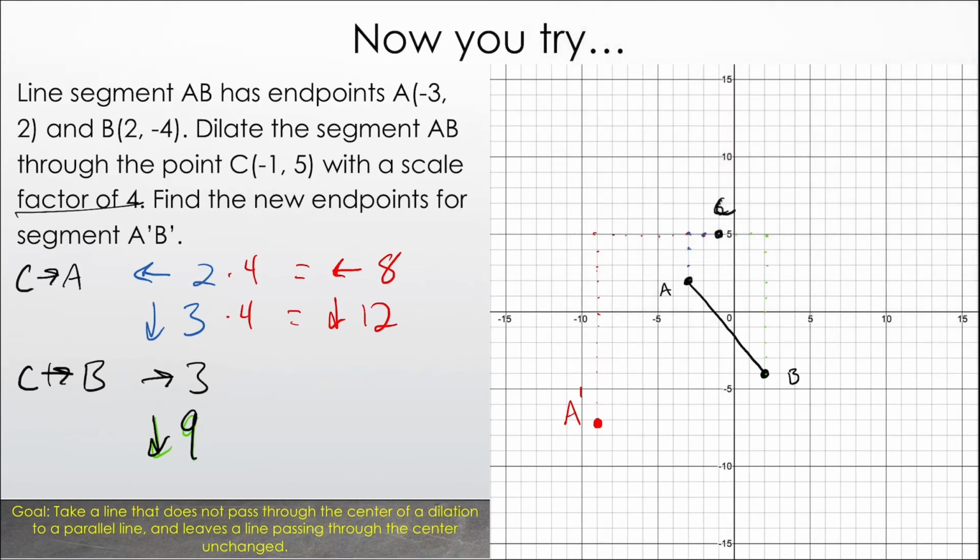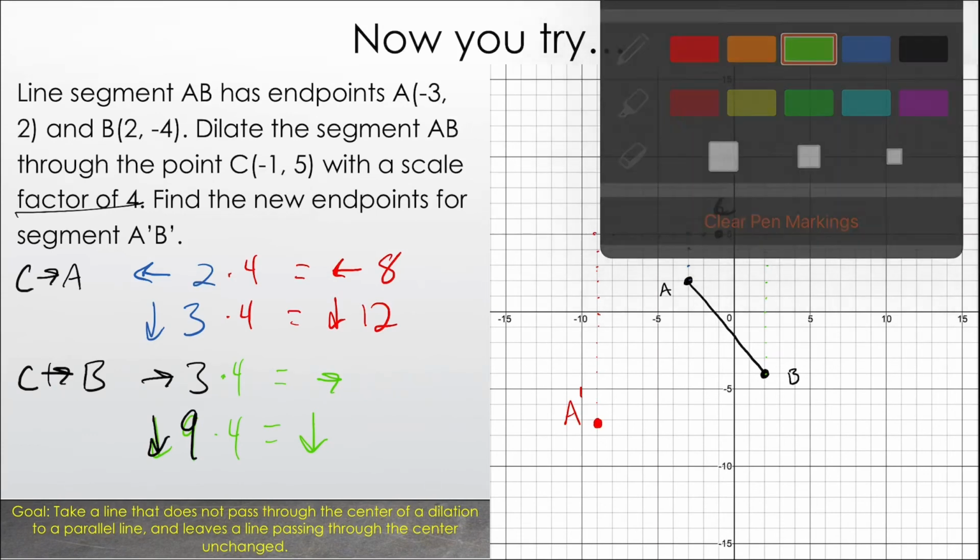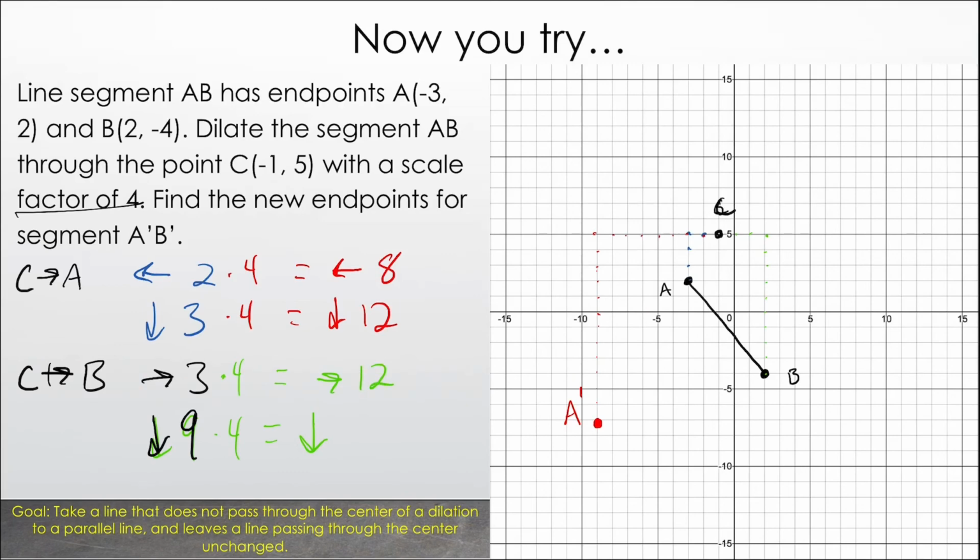We're going to multiply each of these by 4, so right 12 and down 36. Goodness gracious. This is when you guys come say, hey, Ellis, your videos are wrong. So right 12 and down 36. There we go.